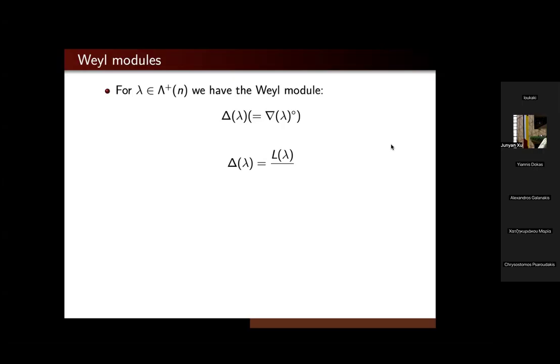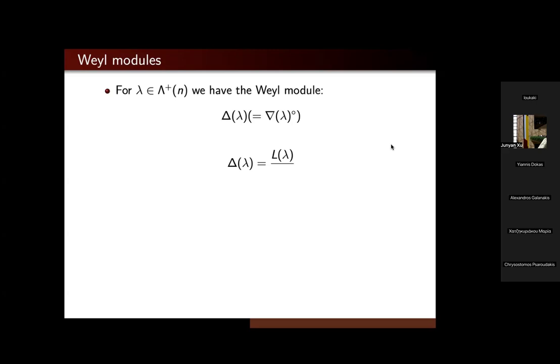What I mean by the head is, you take the radical of this model and cut it out, and you'll find only one unique irreducible representation on the top. And that could be the same labeling, lambda. So this gives you a different way to recognize the irreducible representation, now not inside, but on the top of this model. Of course, you would expect that because there is some duality here.